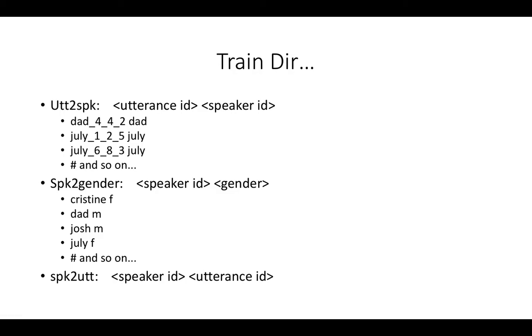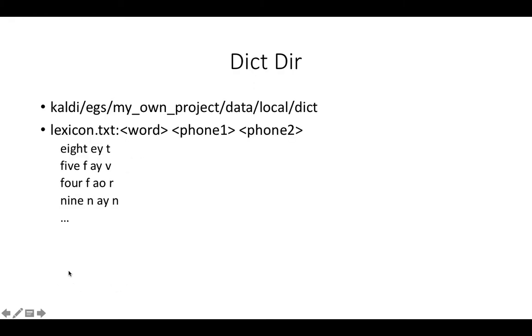It must be noted that this file does not need to be handcrafted, because there is a tool in the utility that automatically converts the utterance to speaker file into the speaker to utterance file. We will talk about this, but it should not be created manually.